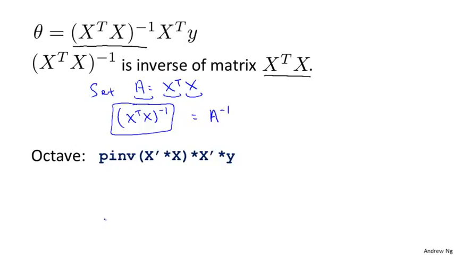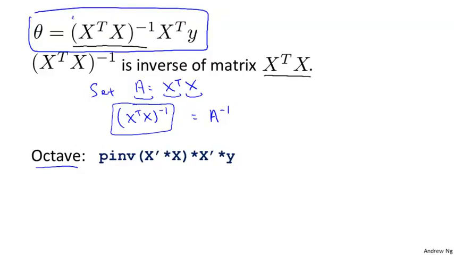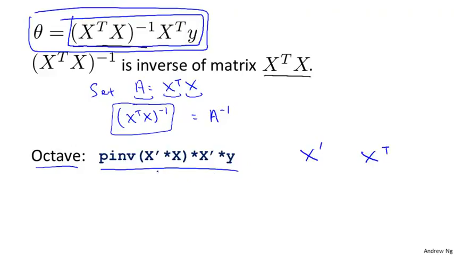We haven't yet talked about Octave. We'll do so in a later set of videos, but in the Octave programming language, and similarly in MATLAB, which is very similar, the command to compute this quantity, X transpose X inverse times X transpose Y, is as follows. In Octave, X prime is the notation that you use to denote X transpose.